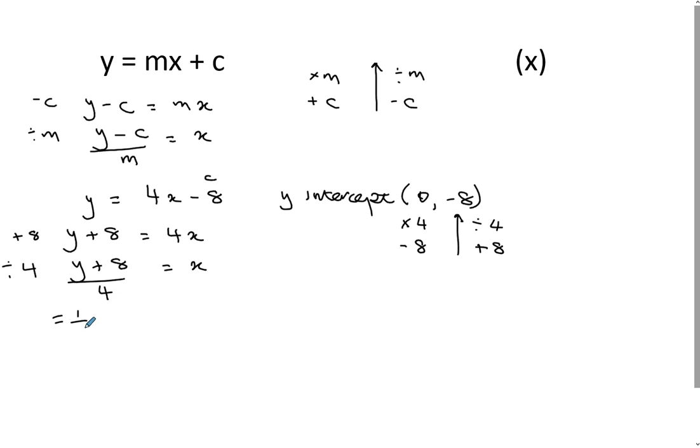So you've got x equals a quarter y, and then plus 8 divided by 4 is 2. So that becomes your c now. So your x-intercept is 2, 0. Okay, right, let's try another example.